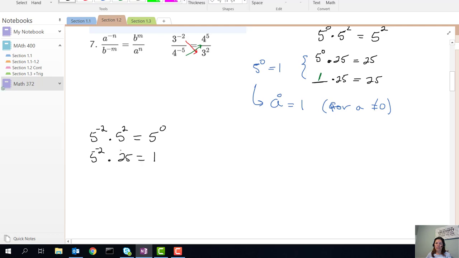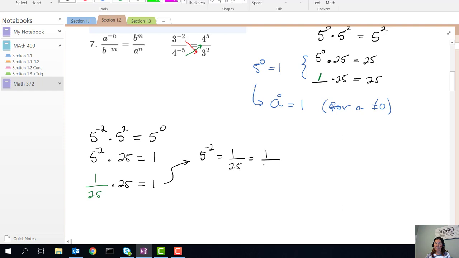So what do you multiply 25 by to get 1? And so that has to be 1 over 25. So that when you multiply 1 over 25 times 25, you get 1, right? Essentially the reciprocal. You multiply by the reciprocal. So this tells us that 5 to the minus 2 is equal to 1 over 25.